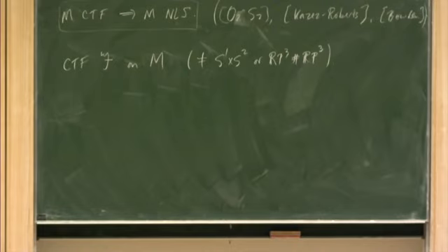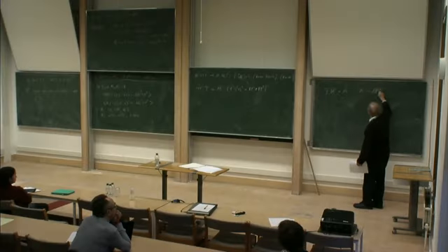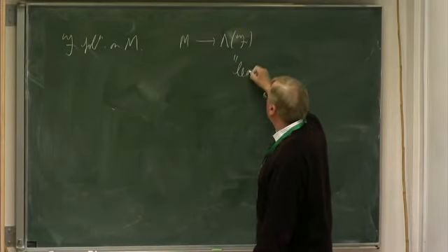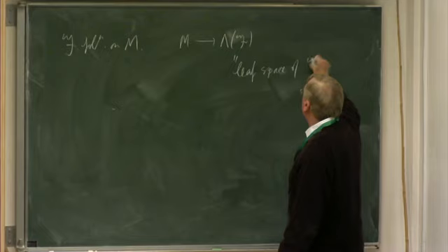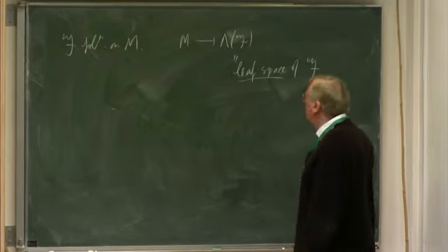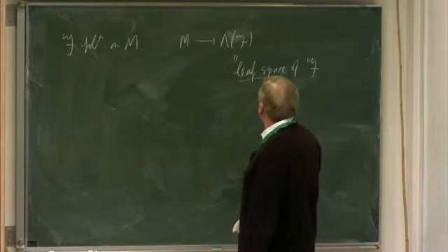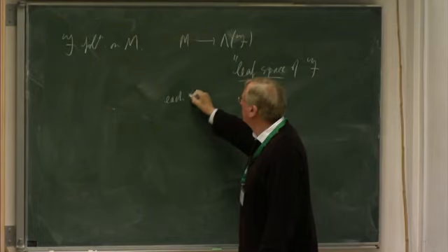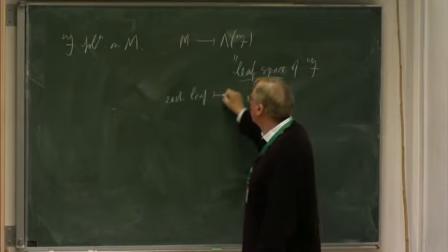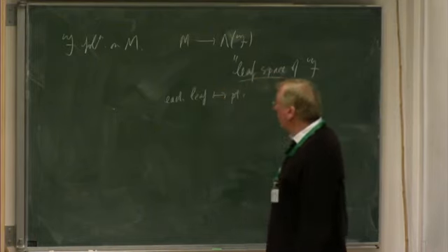So if F is a foliation on M, you get a quotient map from M to, let's call it Lambda F, the leaf space of F, just by identifying each leaf to a point and taking the quotient topology.